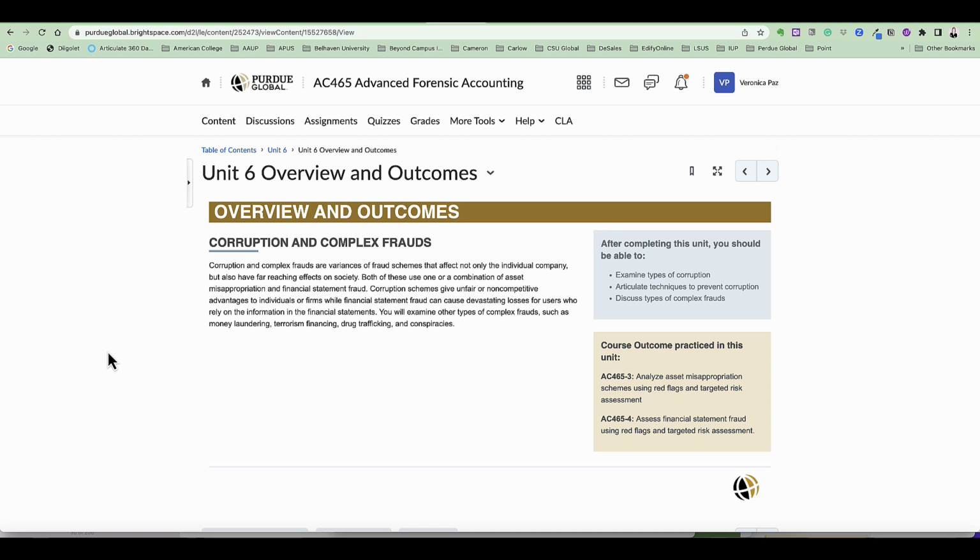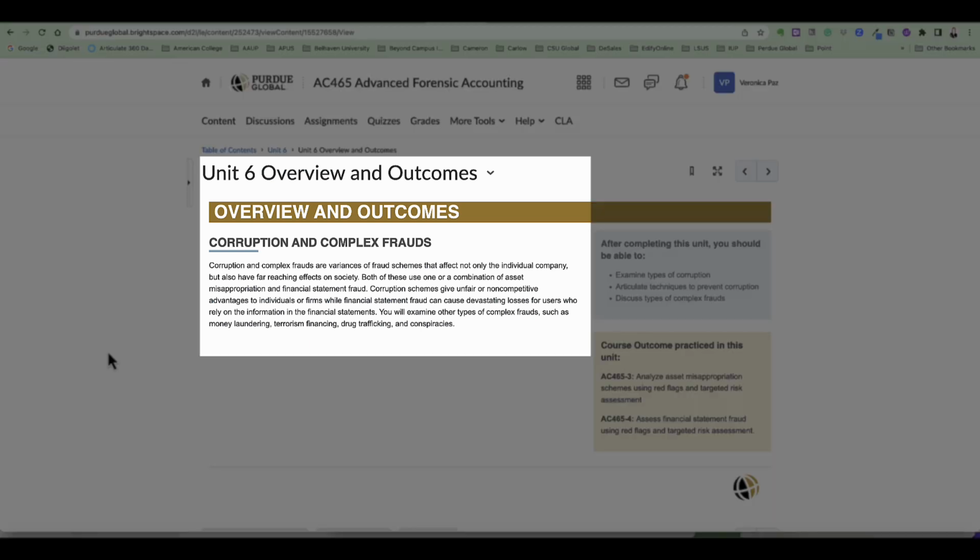Welcome to AC 465 Advanced Forensic Accounting, Unit 6, Corruption and Complex Frauds. Corruption and complex frauds are variances of different types of fraud schemes that can affect not only the individual company, but also have far-reaching effects on society.